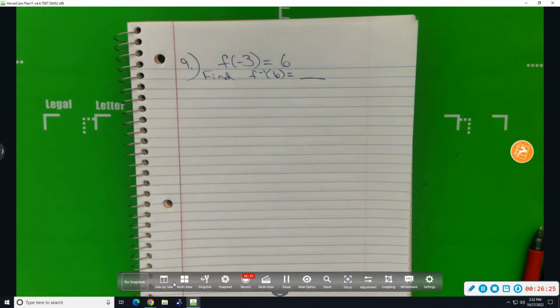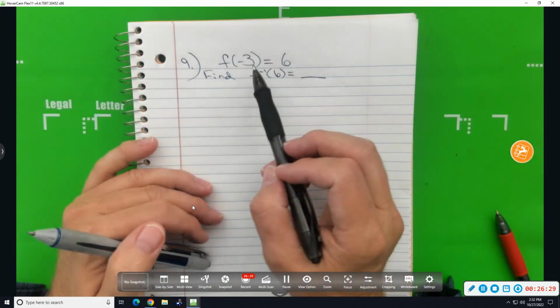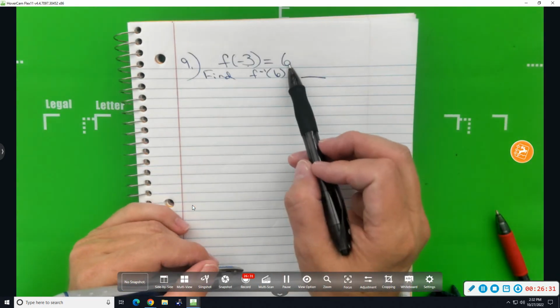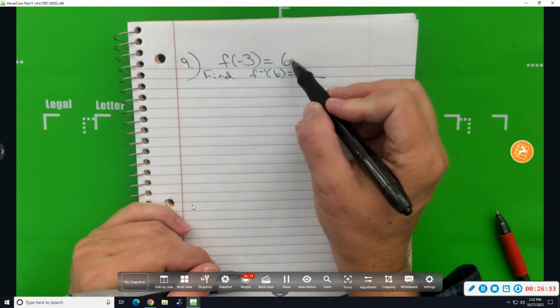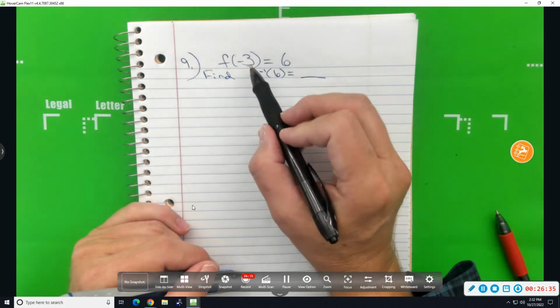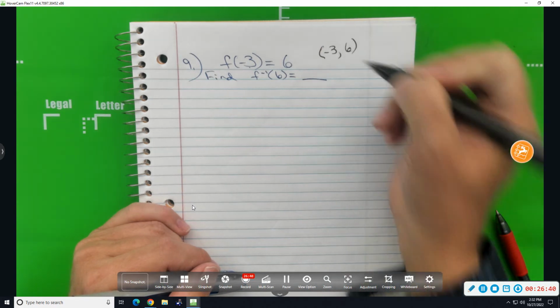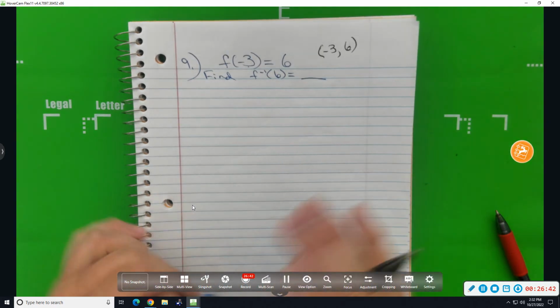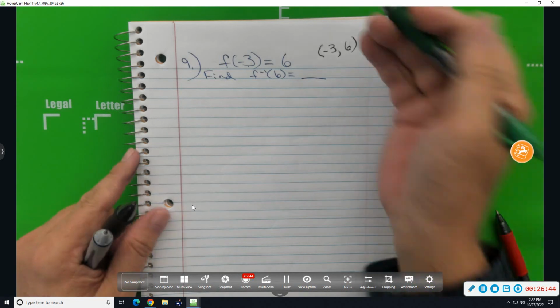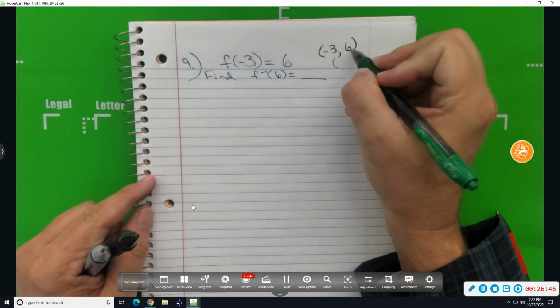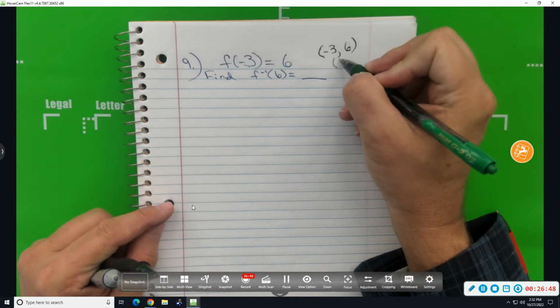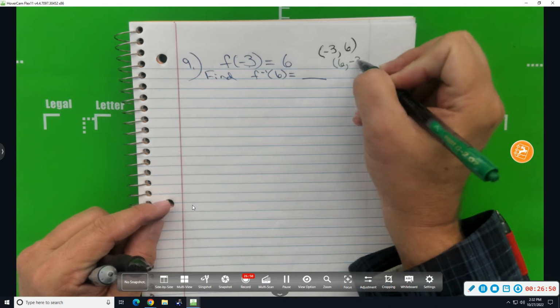So let's see. I asked at the beginning of the year if I could do that. Okay, well, F of -3 is equal to 6. And remember the ordered pair representation. That's saying that when x is -3, the y value is 6. So when you find the inverse, the x value would become 6 and the y value would be -3.